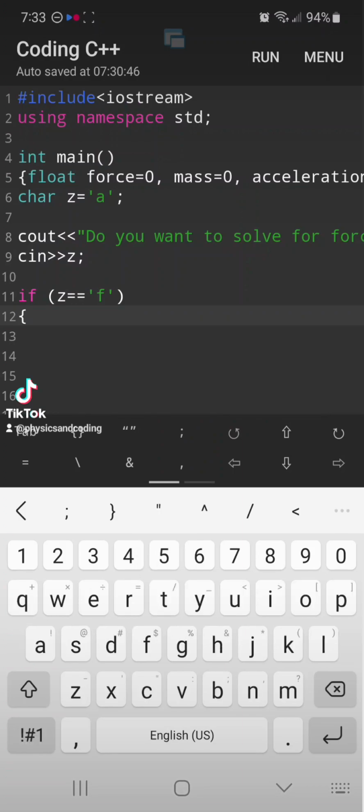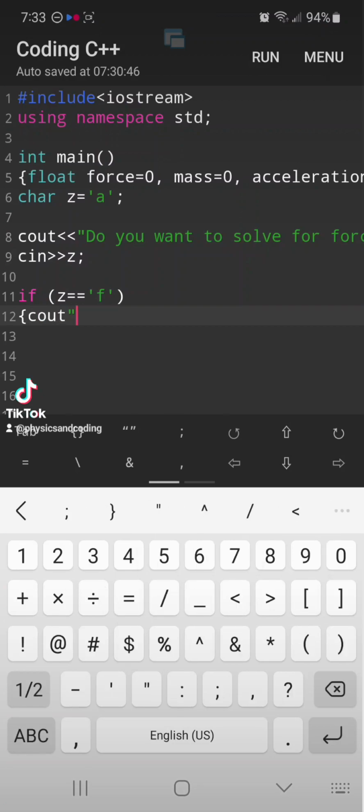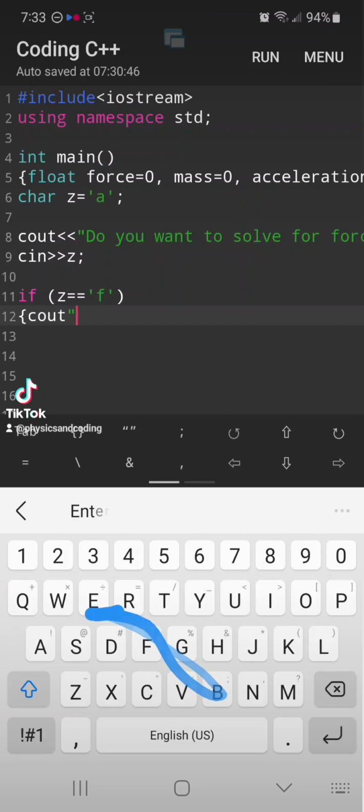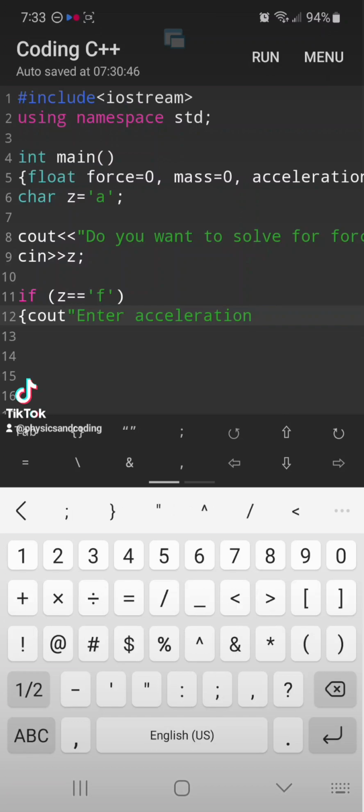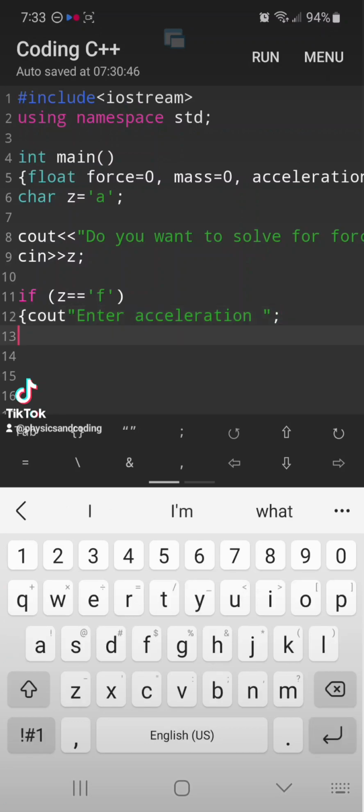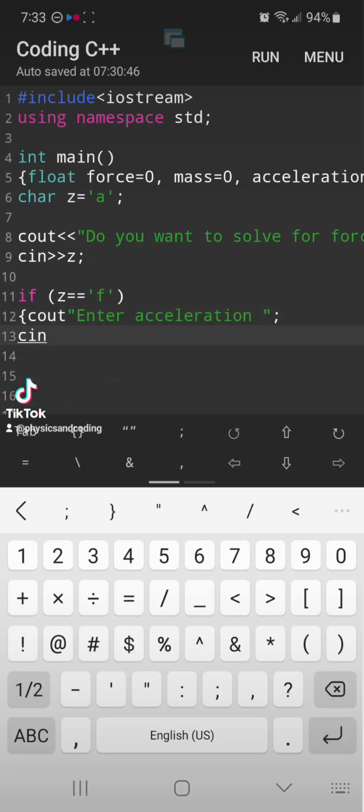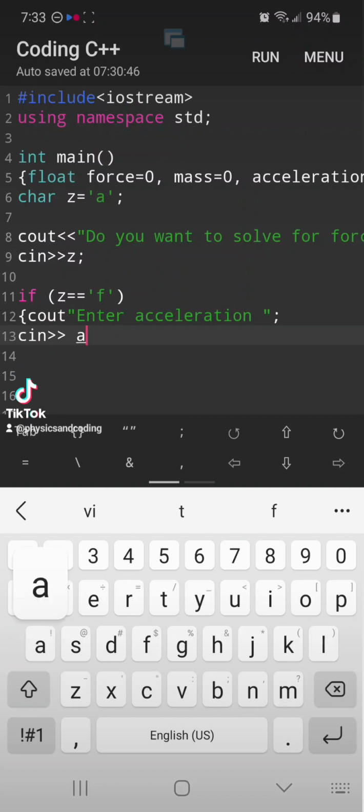So then we're going to solve for force, so that means we have to ask for the mass and acceleration. And then cin, the input acceleration, so that's what we'll put here.